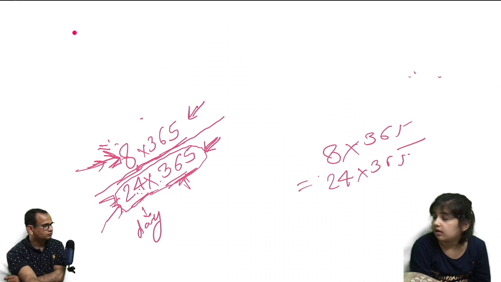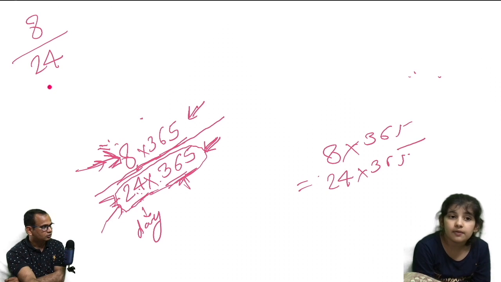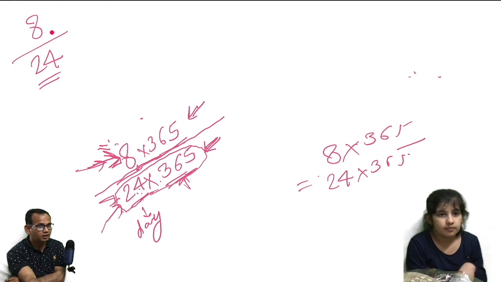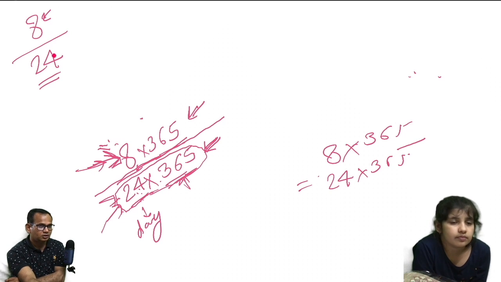No, that's wrong. See, 8 hours we sleep in a day out of 24. You cannot say 8 by 365.